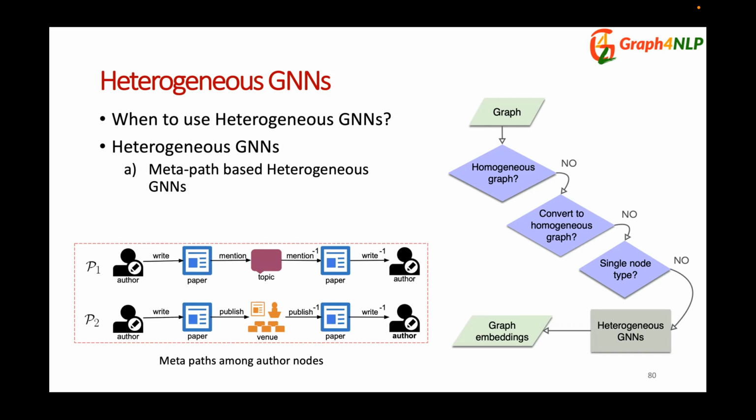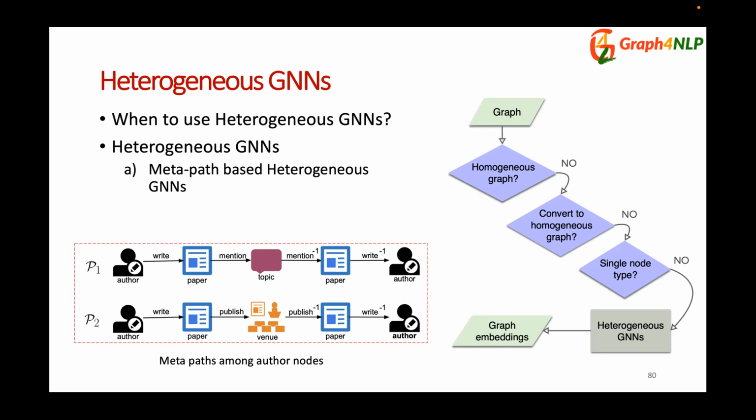Given an author node pair, we can extract at least two meta paths between them. One is author, paper, topic, paper, author, based on the fact that an author can write a paper mentioning a topic, and the topic can be mentioned by another paper written by another author.